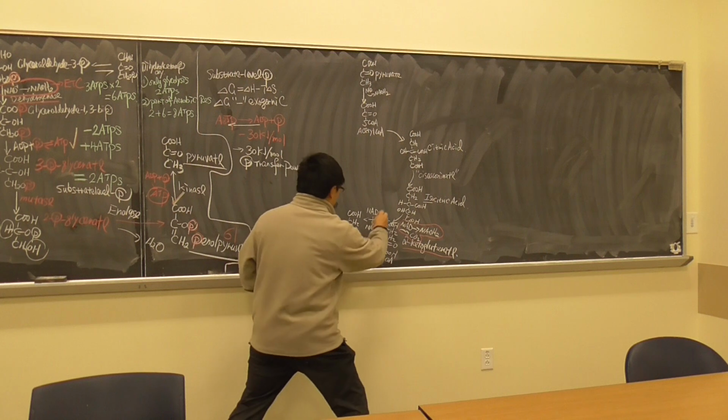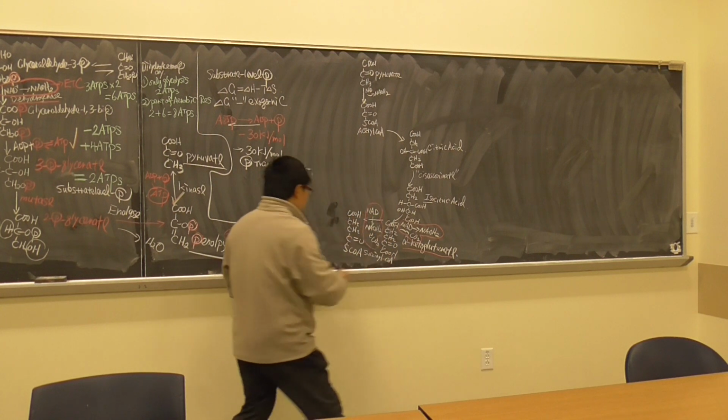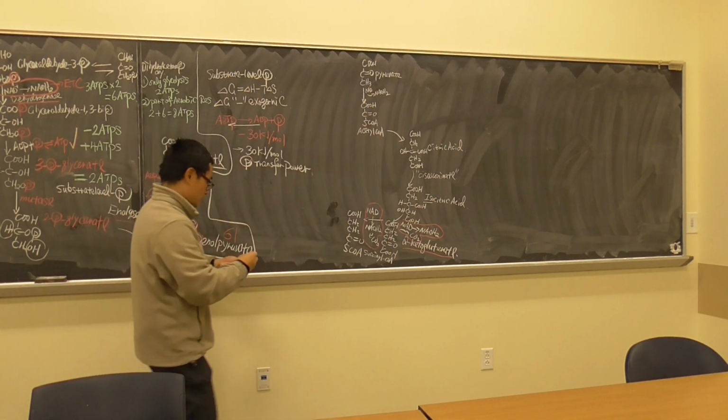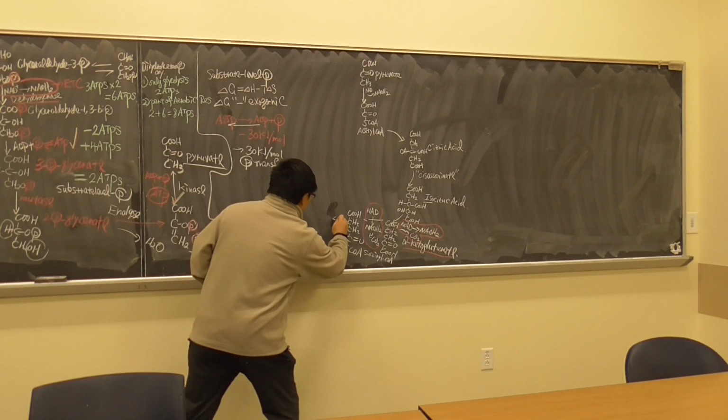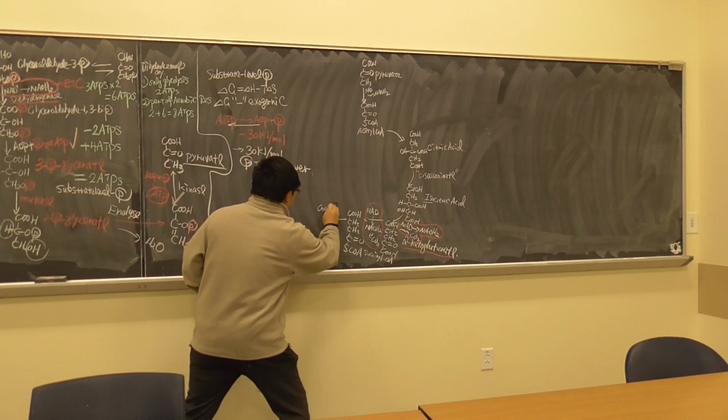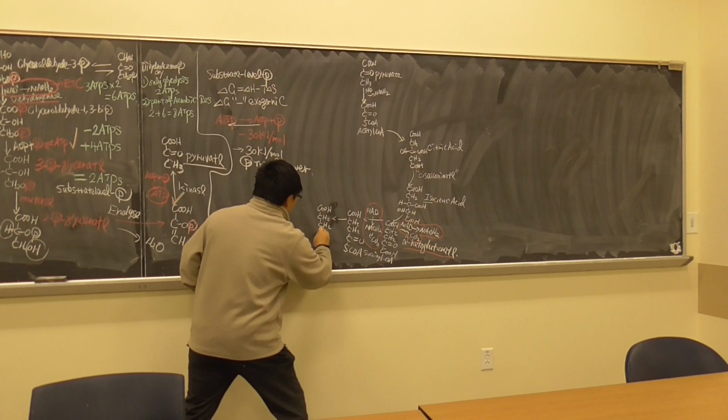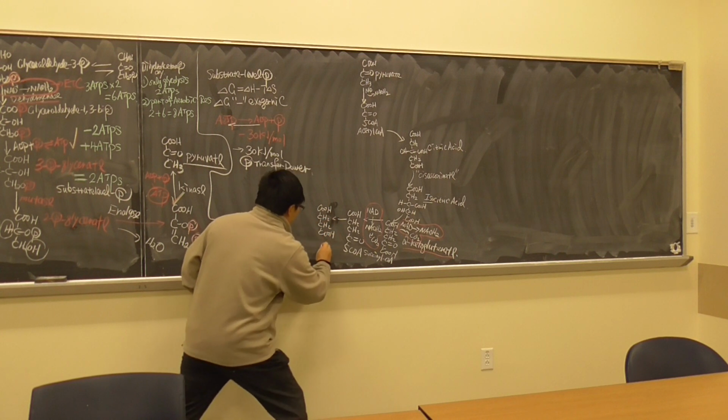So we're going to circle this again. Okay, succinyl-CoA. This goes further and becomes COOH, CH2, CH2, COOH. This is succinate.